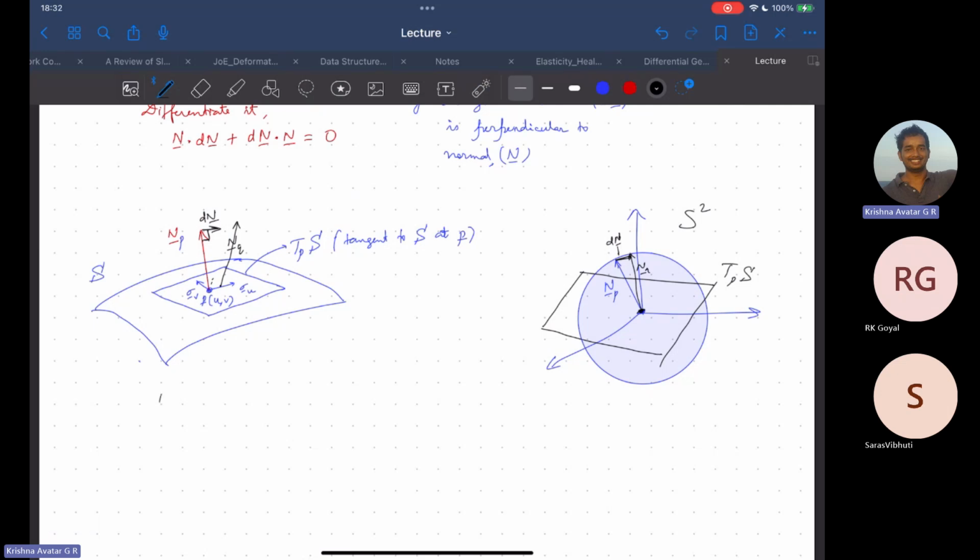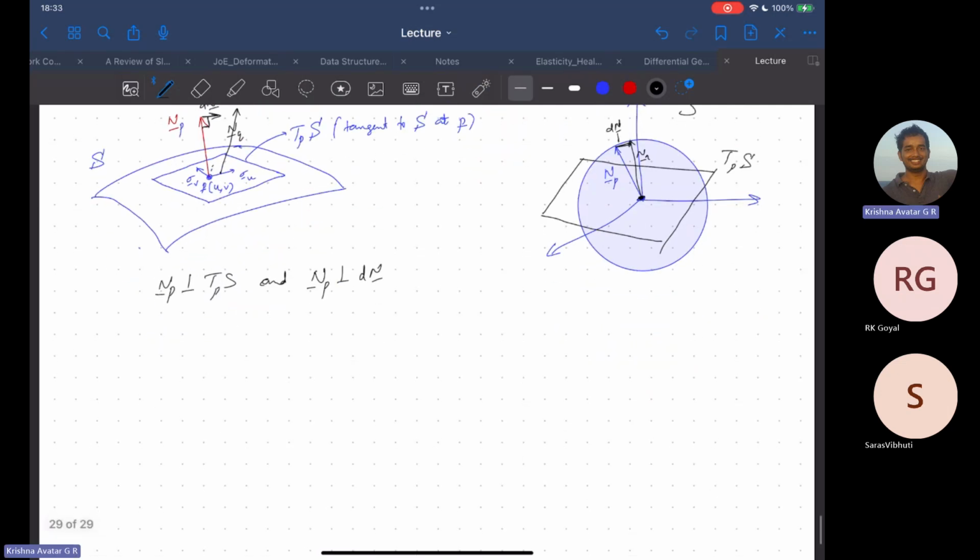So NP is perpendicular to TpS and NP is perpendicular to dN. So this means that I can say that dN lies in TpS, right?